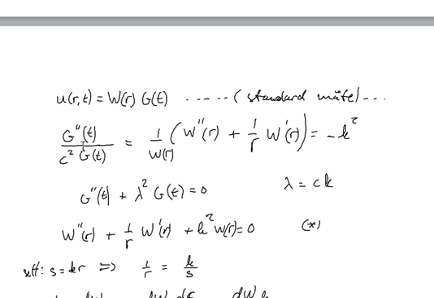And in this case, we obtain, as usual, two ordinary differential equations, where k is some constant, and lambda is also a constant. Lambda is equal to ck, where c is the constant in the wave equation.